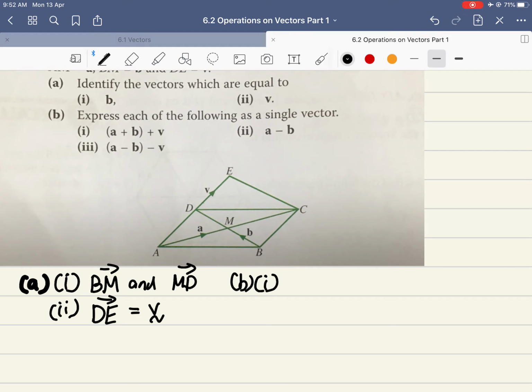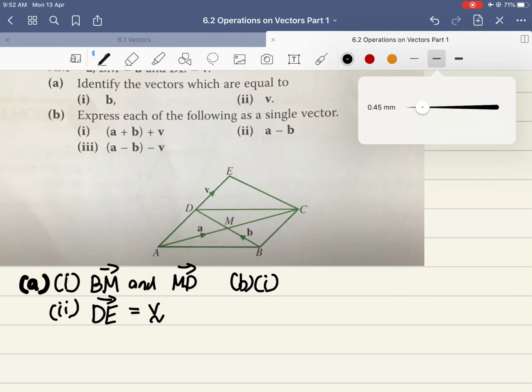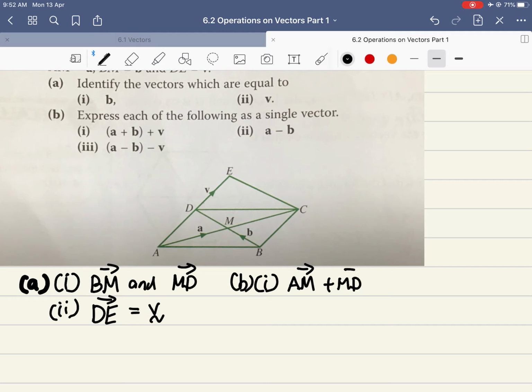Now, moving on to B, part 1, 2, and 3. For B part 1, A plus B plus V. I can rewrite A plus B plus V as AM plus B, where B is MD.